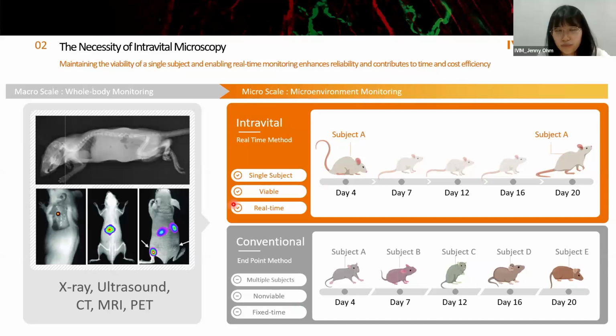In contrast, our microscopy system enables longitudinal imaging within a single living subject at precisely defined time points, dramatically enhancing consistency and reliability. More than just static image acquisition, it empowers real-time dynamic visualization of biological processes as they unfold naturally in the living body.